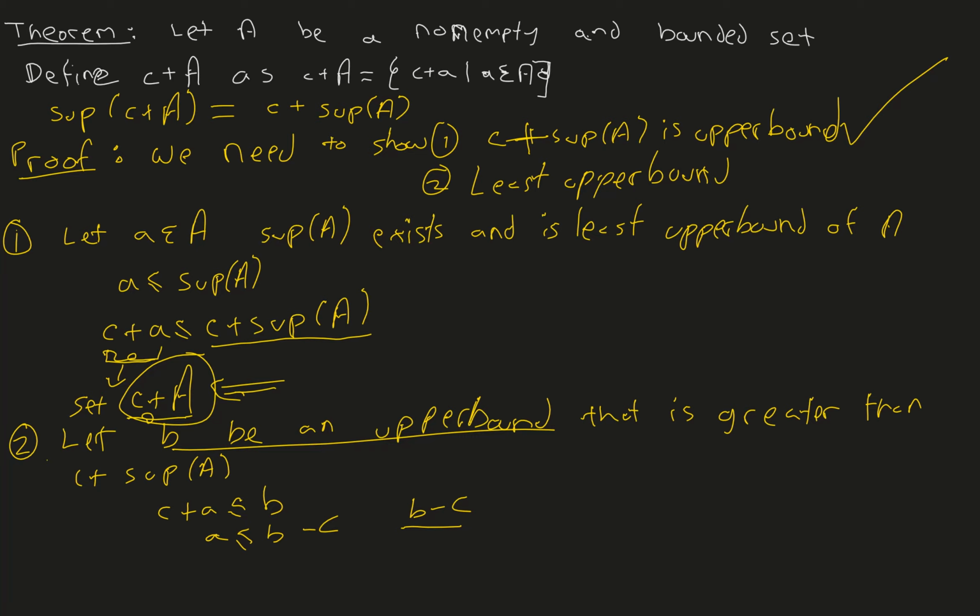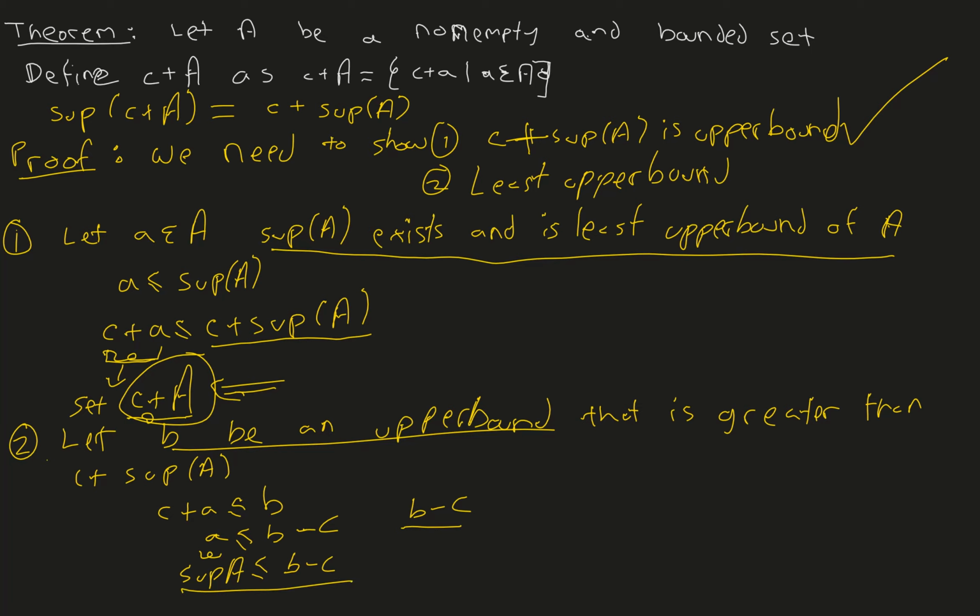Because all the elements in A, which are a, are less than or equal to B minus C. So B minus C is an upper bound for the set A. Since B minus C is an upper bound, it has to be, just like last time, greater than or equal to the supremum of A, because we have assumed that supremum of A exists and it is the least upper bound. So if we find any other upper bound, it has to be greater than or equal to the supremum of A.